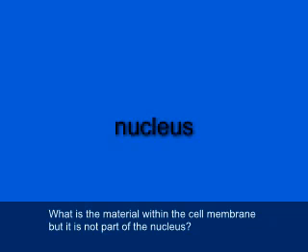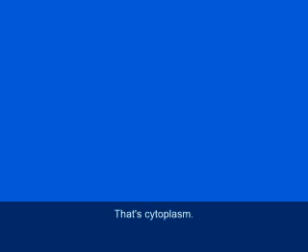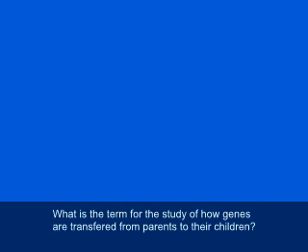And what is the material that is within the cell membrane but it's not part of the nucleus? That's cytoplasm. C-Y-T-O-P-L-A-S-M. What is the term for the study of how genes are transferred from parents to their children?